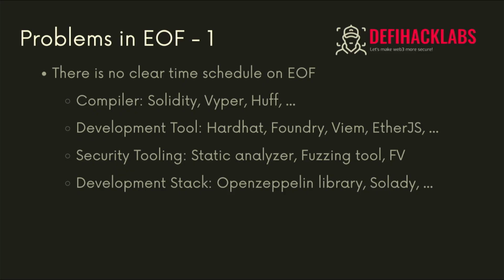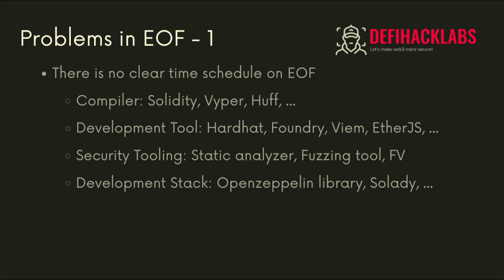But just imagine if EOF is upgraded on Ethereum mainnet, but these tools are not upgraded accordingly, what would happen? When you are writing a smart contract, you compile it, but your compilation generates legacy EVM bytecode.